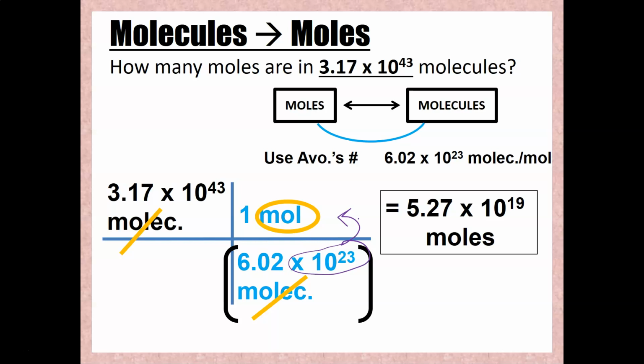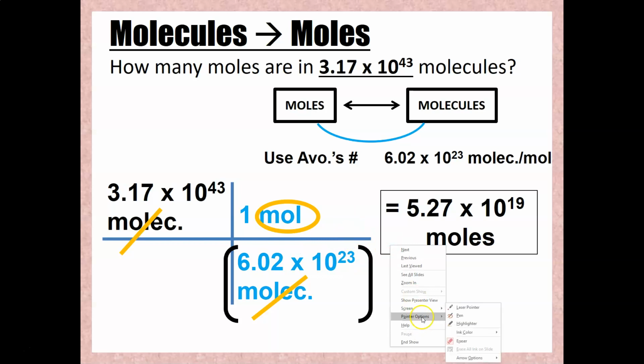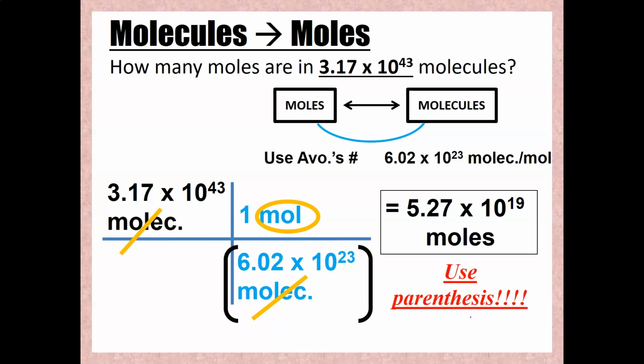We want to make sure that our parentheses keep it on the bottom. If you ever get a number that seems way too big compared to what you should have gotten, then that's telling you that you probably forgot your parentheses. That is probably the number one mistake we see all school year.